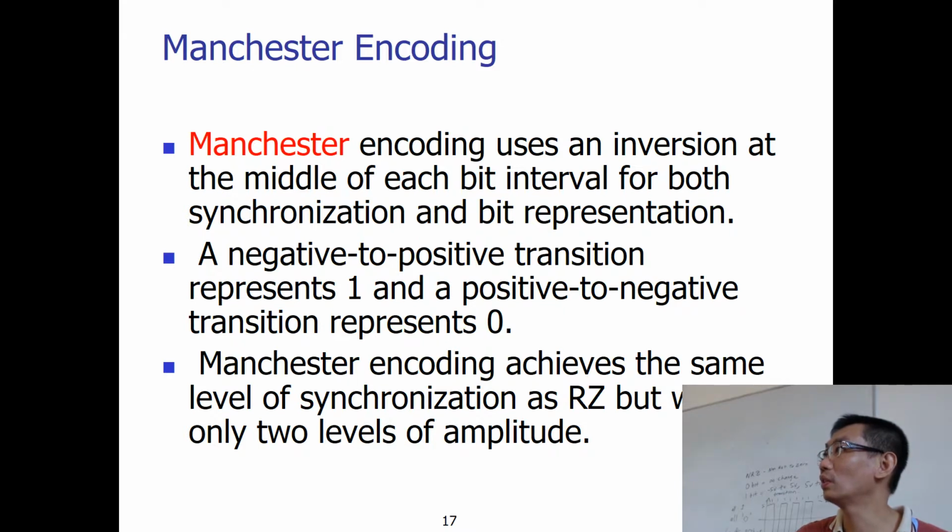RZ you use 0 also, right? So this is an improvement. Manchester encoding and differential Manchester encoding is used in 10 megabit Ethernet. Alright, 10 megabit Ethernet, and I think 16 megabit token ring, they also use that, if I'm not mistaken.